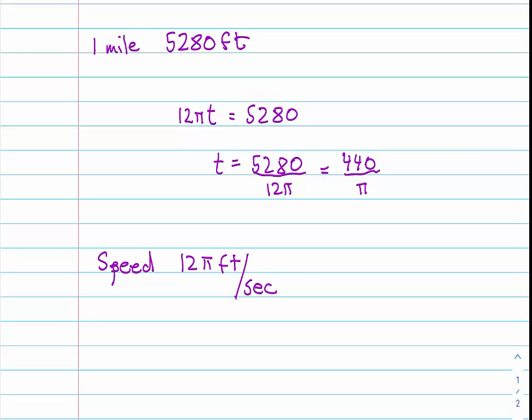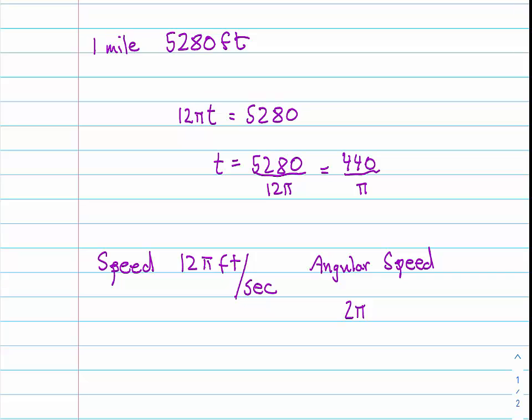Now, let's suppose we wanted angular speed. In other words, we're not interested in the distance the wheel has covered. We're interested in how fast the angle is changing. Well, when the wheel makes one revolution, we have 2 pi radians.